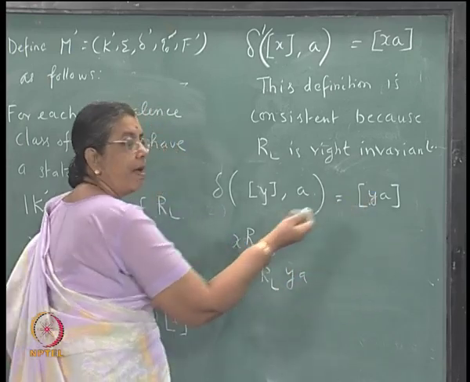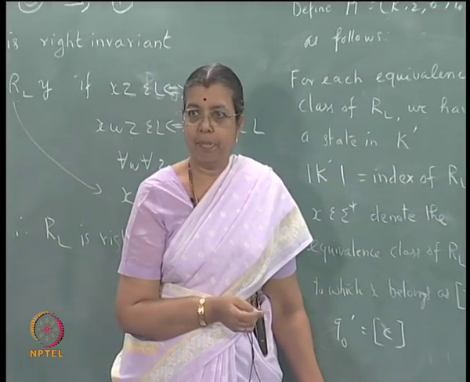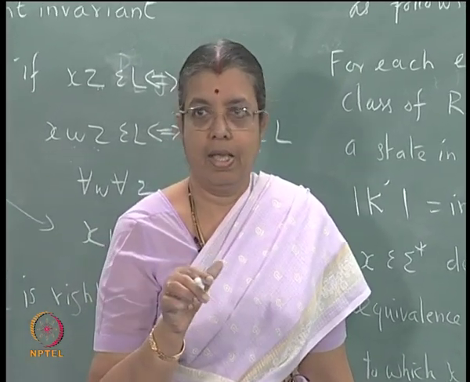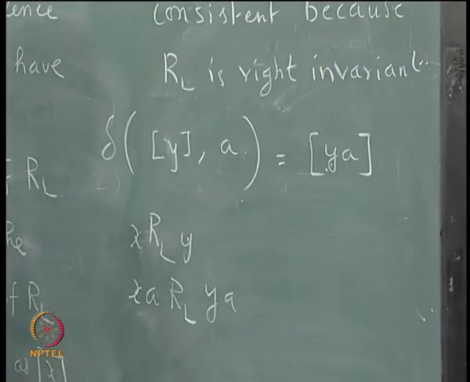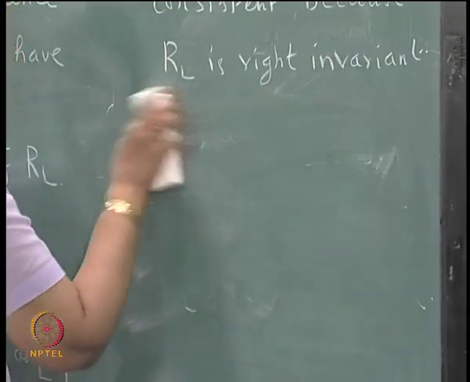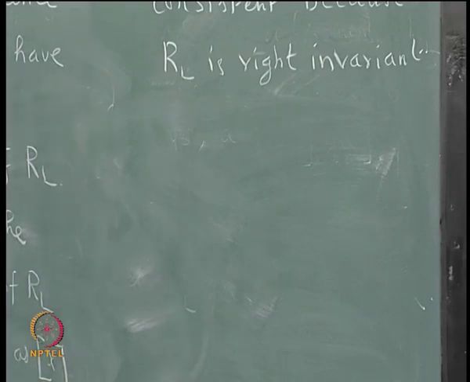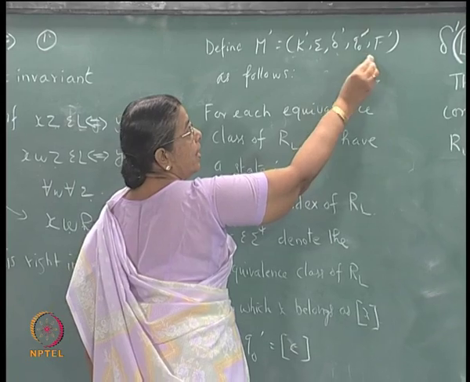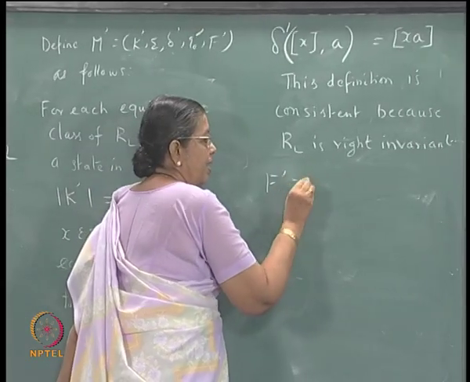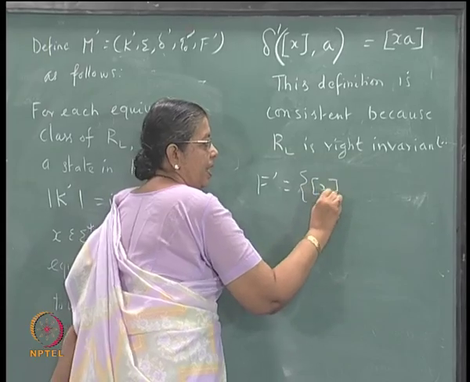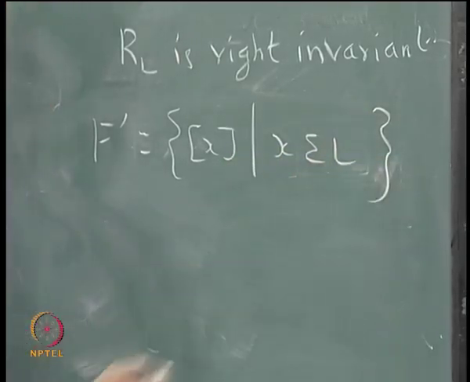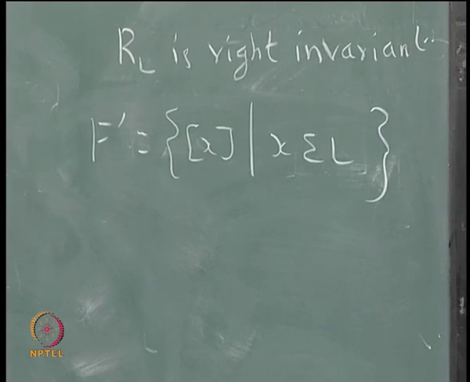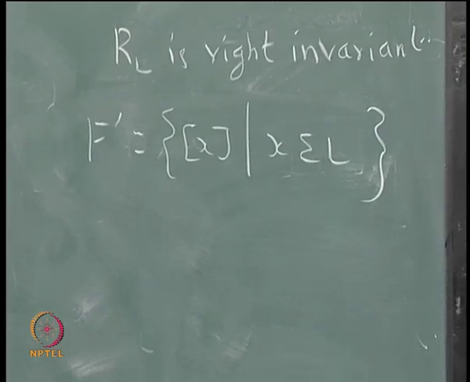So, whether you write XA or YA does not matter, they belong to the same class and one state corresponds to one equivalence class. So, the consistency comes because of the right invariant property. So, we have defined K dash, sigma is the same, delta dash, Q naught dash. What is F dash? F dash corresponds to those states, some equivalence classes will be in L. So, make those states as final states, that is all.